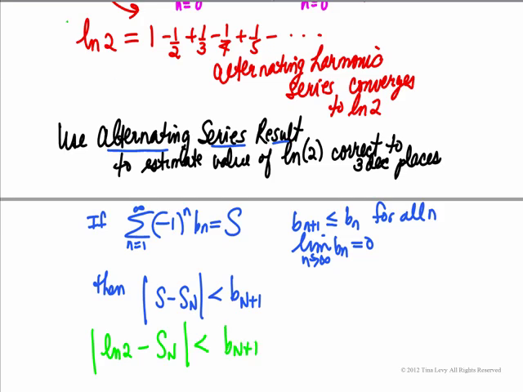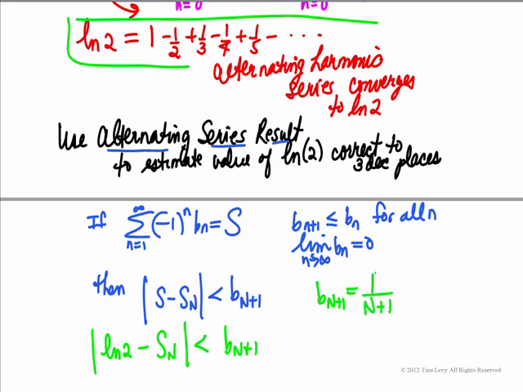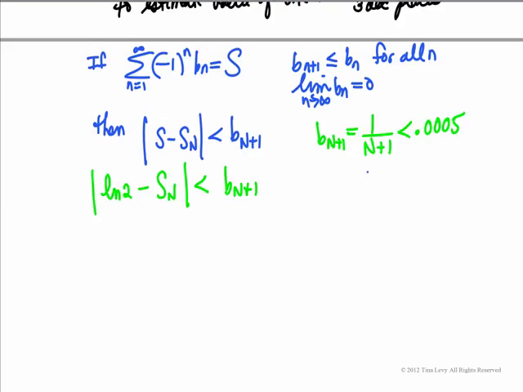So in our series here, we know that b sub n plus 1 is 1 over n plus 1. That's our series. And we have to show that that is going to be less than, for 3 decimal places, 0.0005. So we invert this and we get n plus 1 greater than, because it changes the order, 1 over 0.0005, which is 2,000.